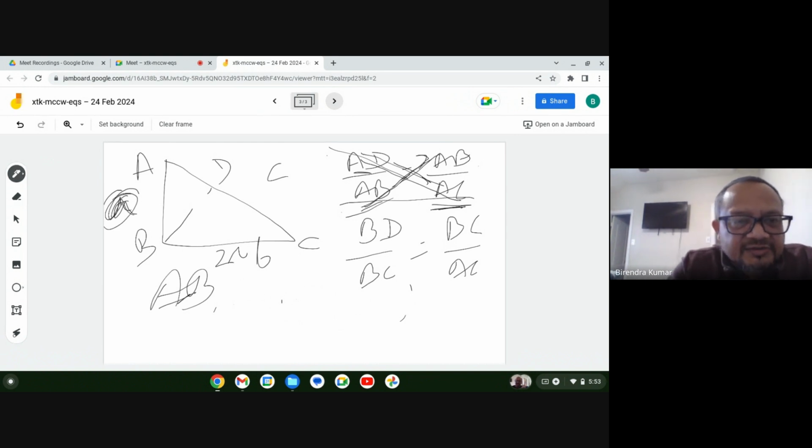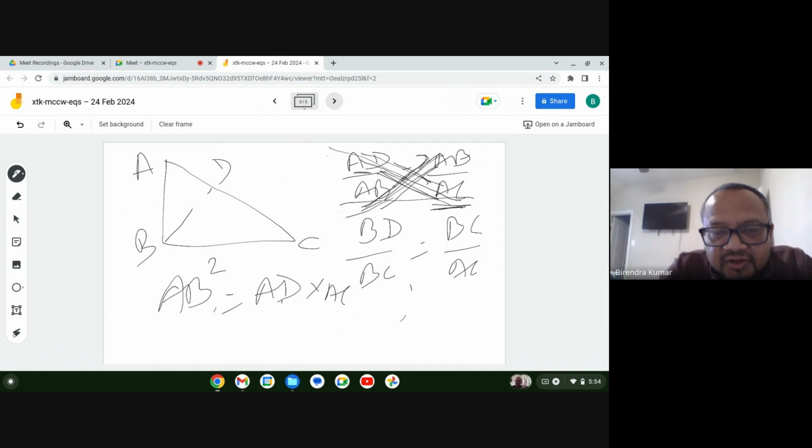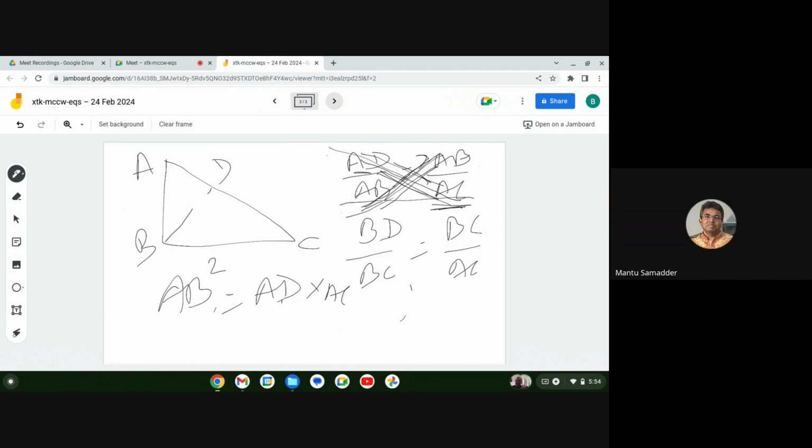Let it be like this. Now here, I'll write in a smaller font so that I can make better use of the space. So AB into AB, AB square equals AD into AC. This is one.